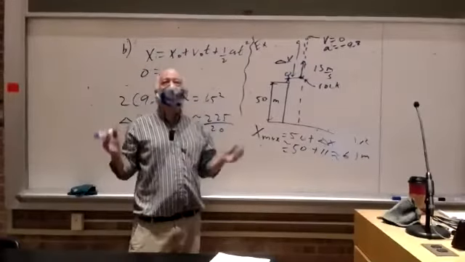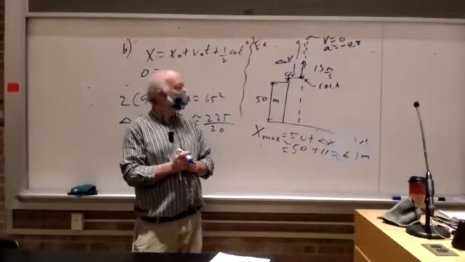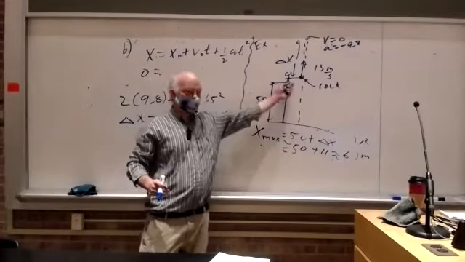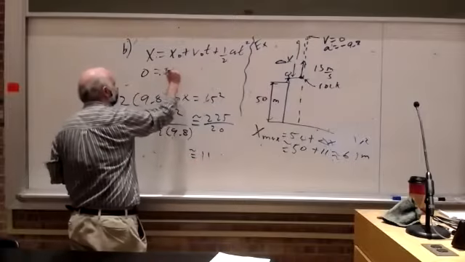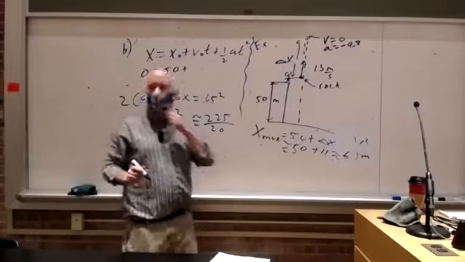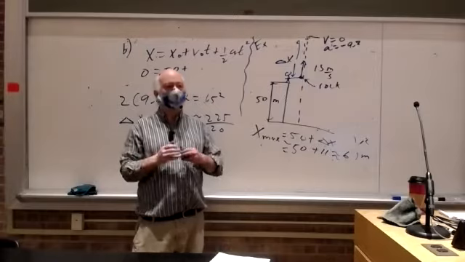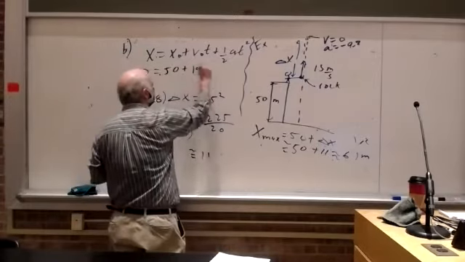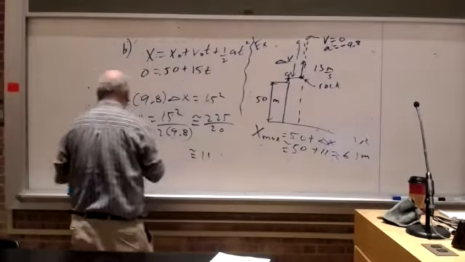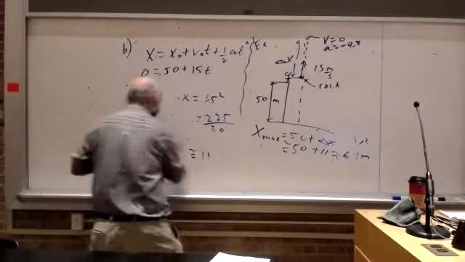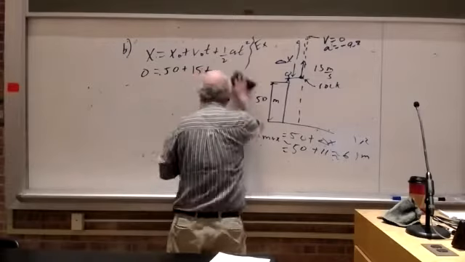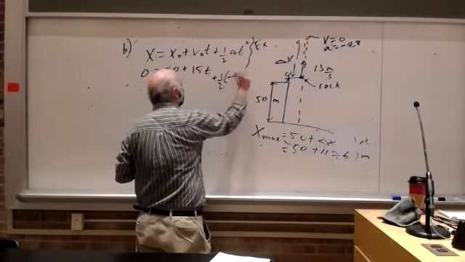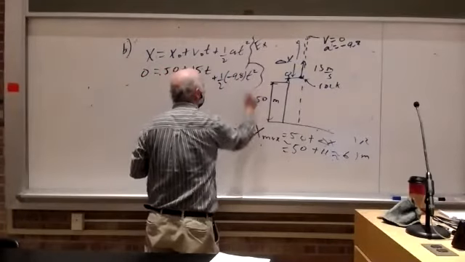What is my x naught? Starting here, so it's 50. Plus v naught is 15 T plus 1/2 minus 9.8 t squared.